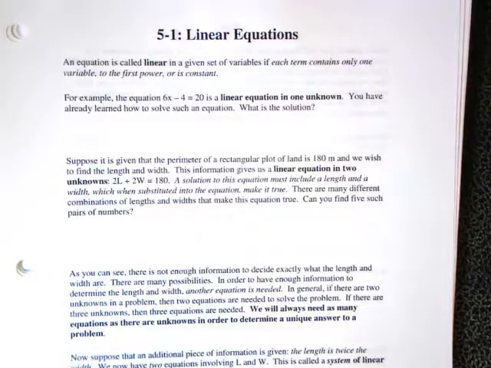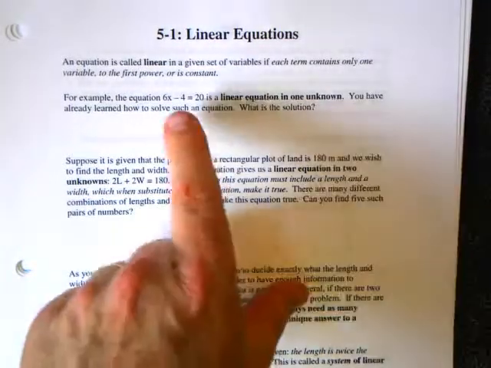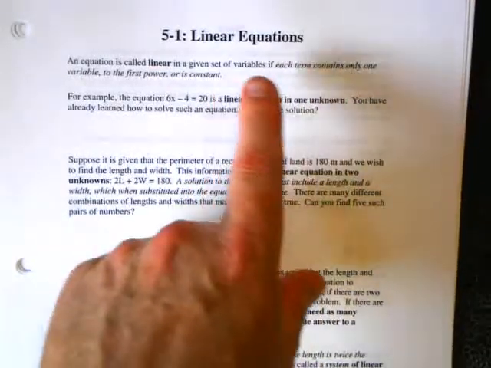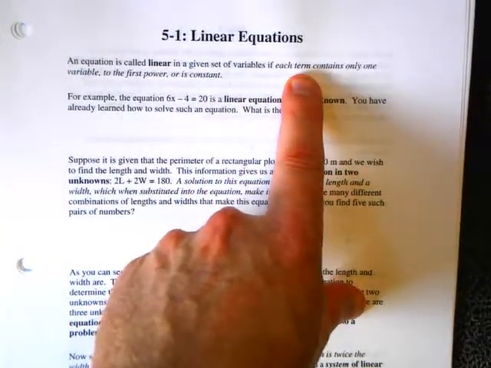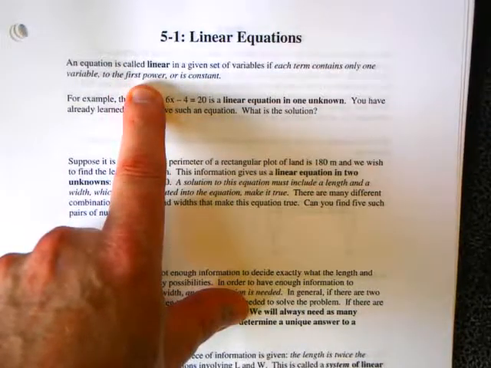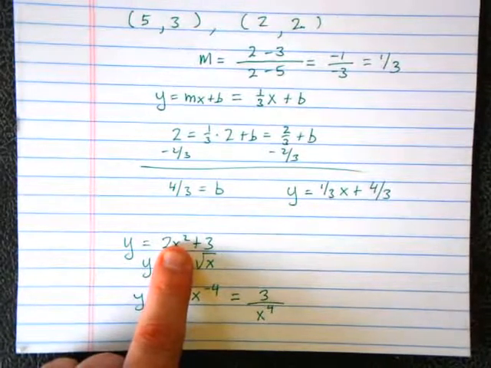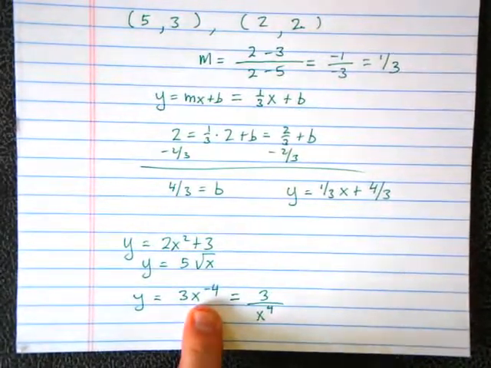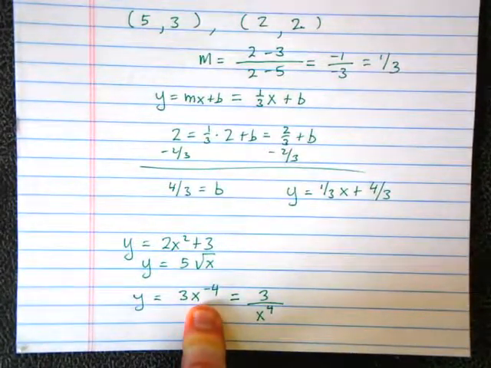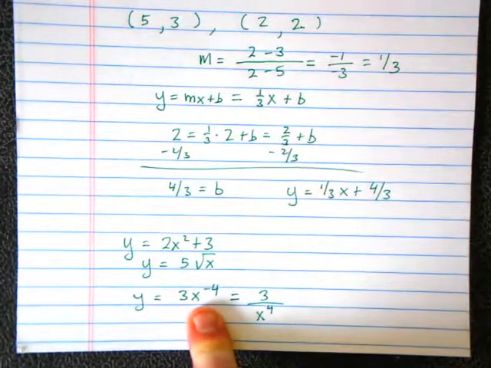I never have squares or cubes or square roots or exponents of any kind. For an equation to be linear, each term has one variable, and the variables only have first power. So all these other things that I was writing here, this x squared, this square root, this x to the negative 4, none of these are linear. Okay? To me, linear means all the exponents are 1.